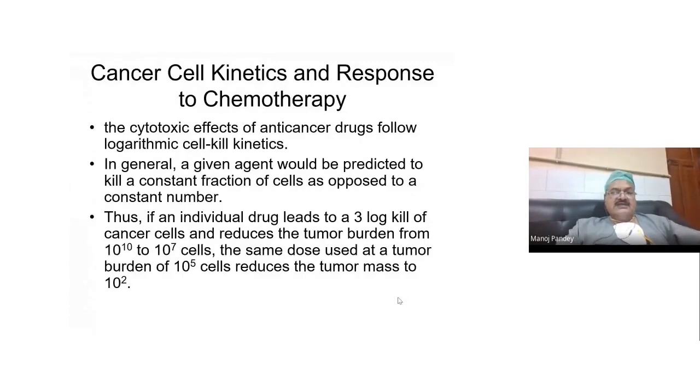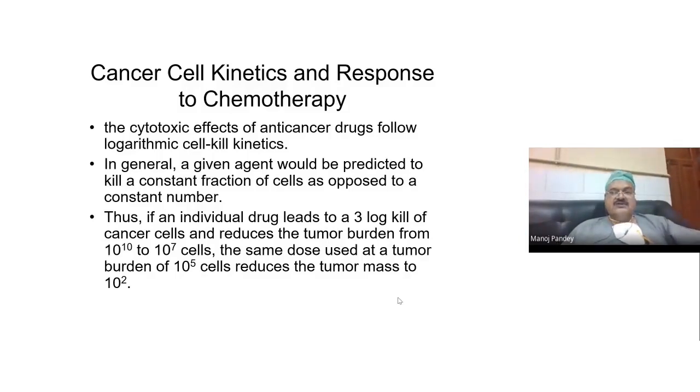And that cell kill is a logarithmic cell kill, which would mean that suppose a drug kills 3 log of cancer cells each time it is given, and you start with 10 to the power 10 cells, then at the end of the first cycle you will have 10 to the power 7 cells. After the second cycle you will have 10 to the power 4 cells. So this is called logarithmic cell kill kinetics.